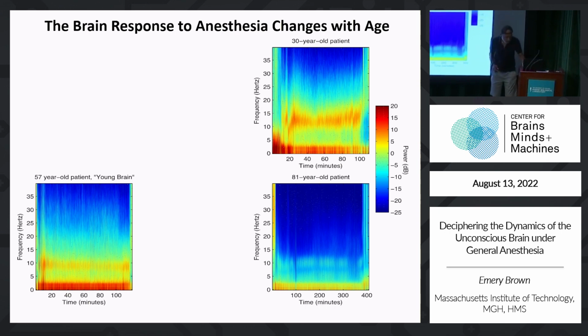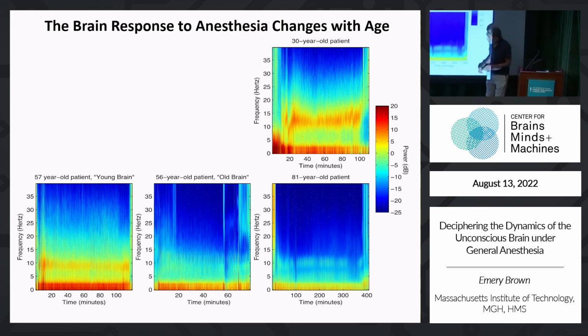Now, this next thing is a little bit sobering. These two guys are roughly the same age. His EEG looks like hers. It's a little bit surprising at first, but we age differently physically, so it makes sense that our brains age differently, depending on how well or how poorly you've been treating yourself.